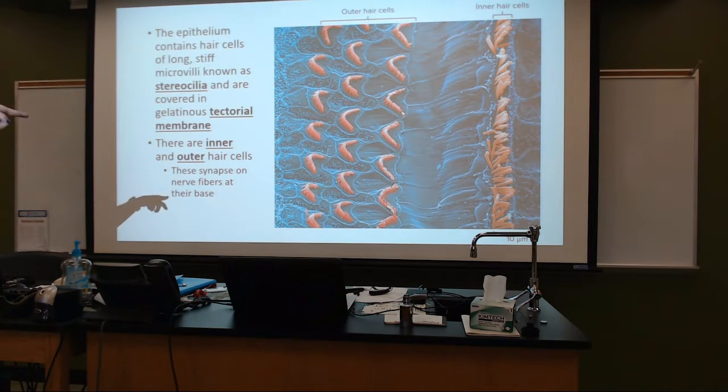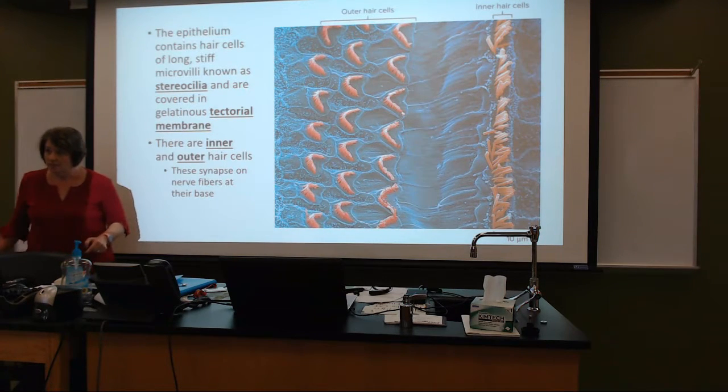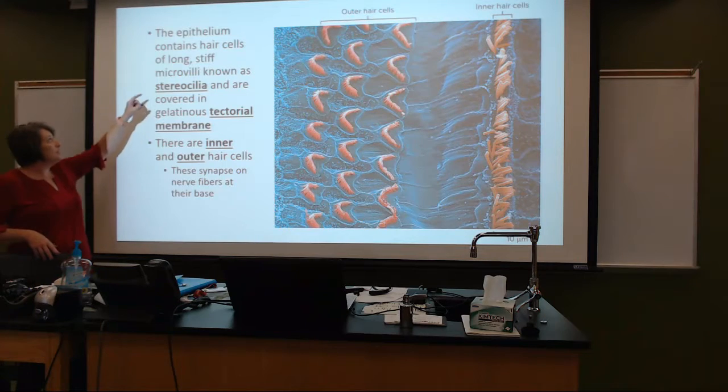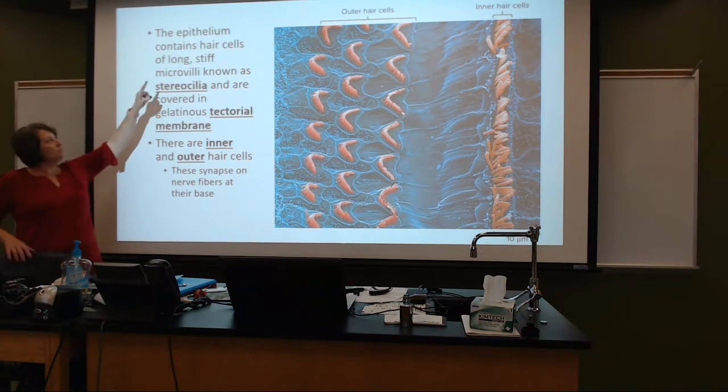When we talk about this structure of the hairs, we're going to find that we have IHCs, inner hair cells, and then outer hair cells. So the area in that endolymph, that part of the membrane, that epithelium that is specialized, contains the hair cells.